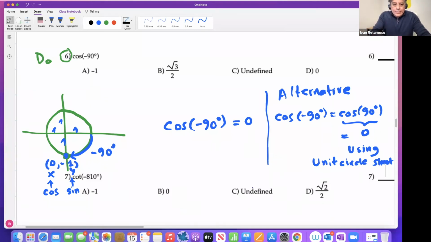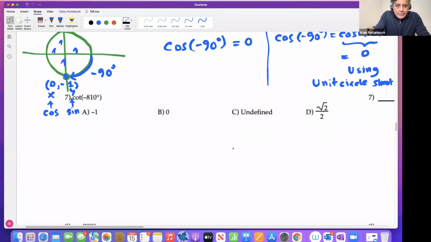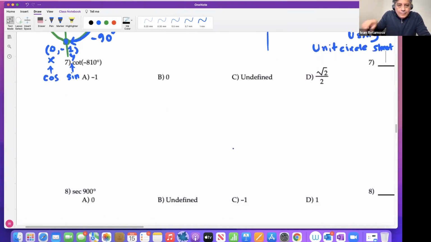Okay, great. So now let's try another one. What about cotangent of negative 810 degrees? Find it in exact form. Let me show you this, so this will help you in your homework.